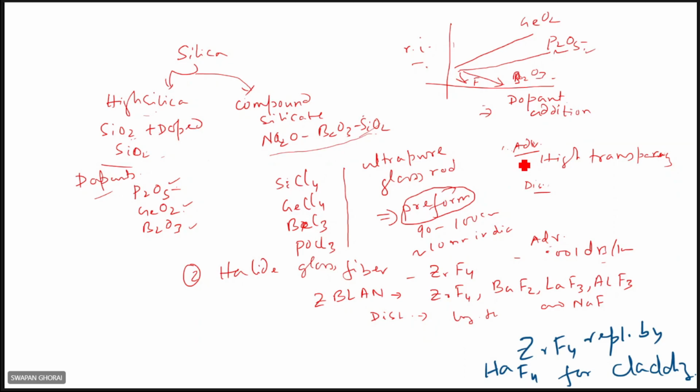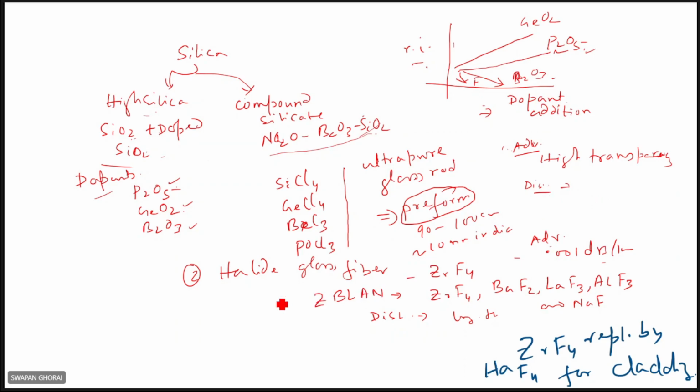These are the advantages and disadvantages. Because of the high melting point, it is difficult to fabricate from a molten state. So this is the high silica glass.